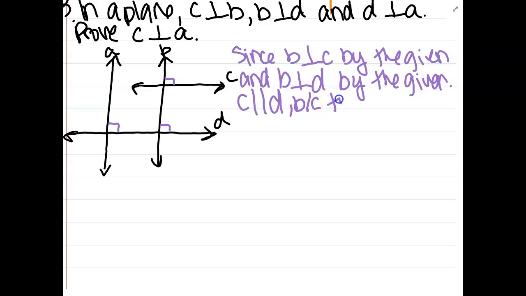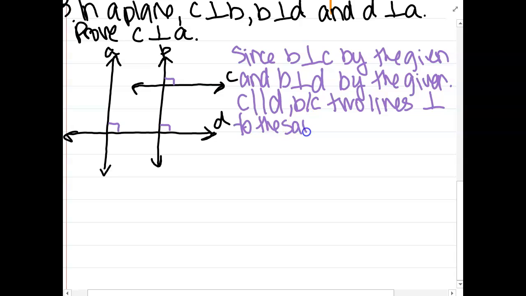Because two lines perpendicular to the same line are parallel. So we have B perpendicular to C and B perpendicular to D, because that's given to me. I know that the lines are parallel. That's what we proved in the last one, because two lines perpendicular to the same line are parallel.